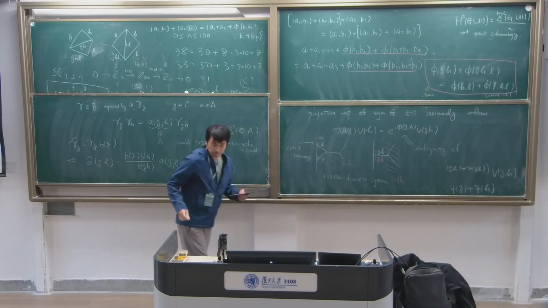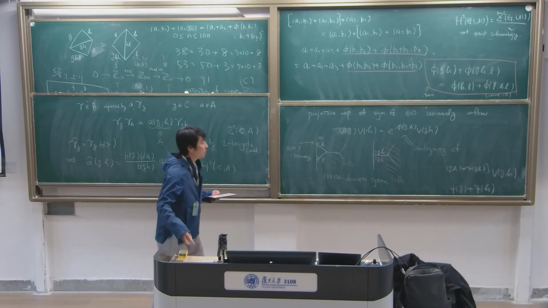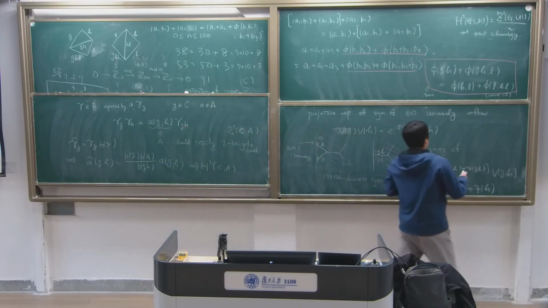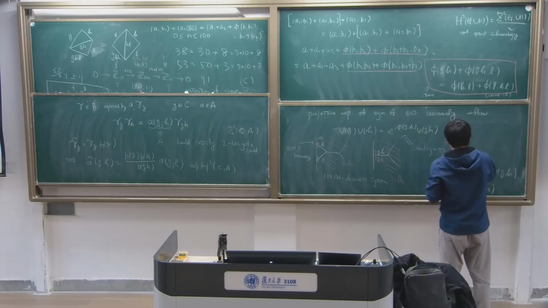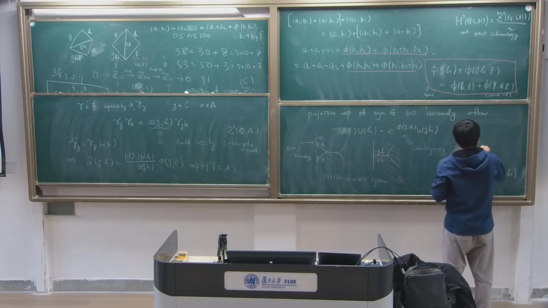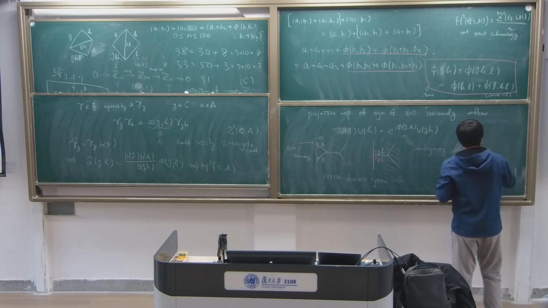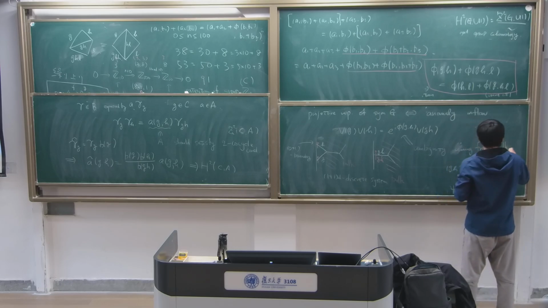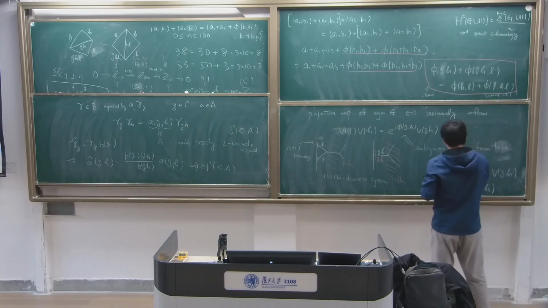And this ambiguity is coming from the bulk anomaly.